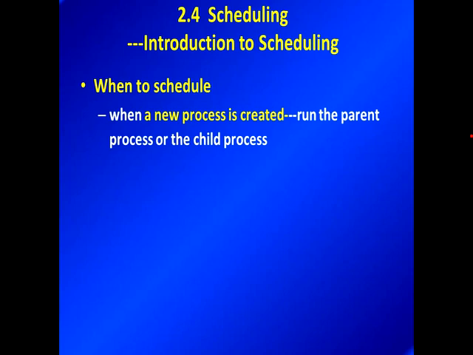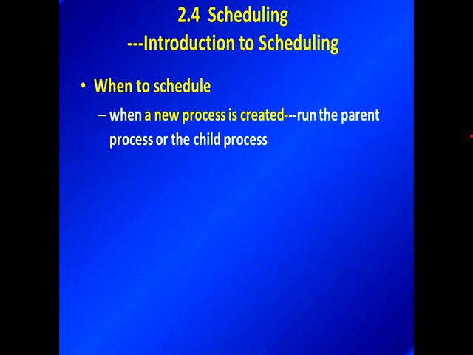After this newly created process gets ready in the system, the scheduler should decide the next one to get the CPU: the parent process or the child process. So this is the first case to call the scheduler.